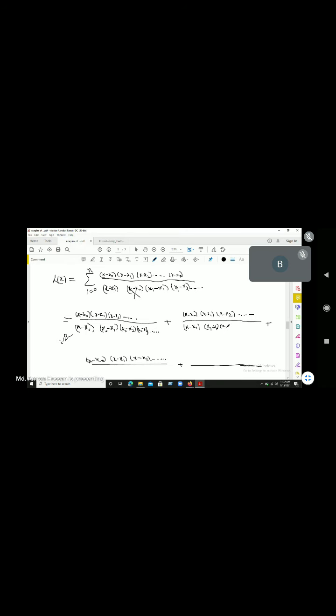It will not be here, because in the x1, that's why we have the differentiation. This x1 minus x1 is vanished before the differentiation. So what will happen? X1 minus x2. X1 minus x3, dot dot. Okay? Understand?